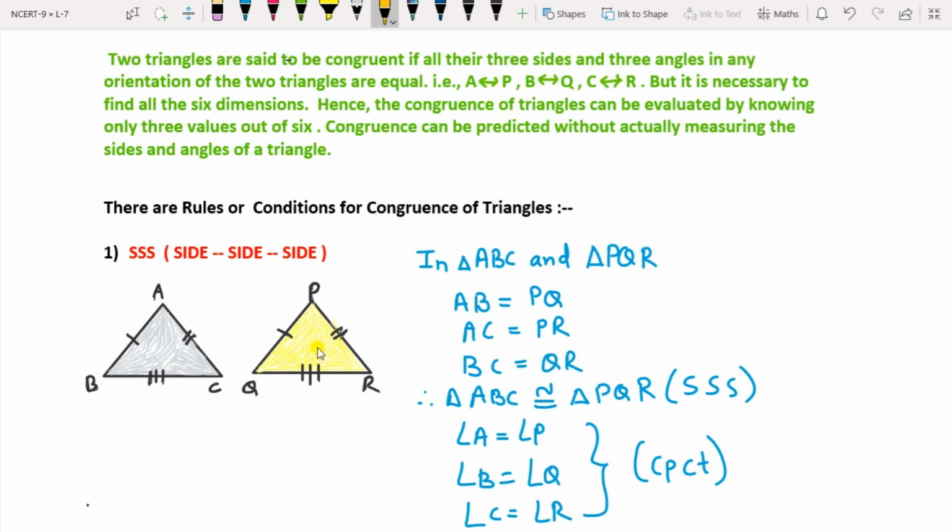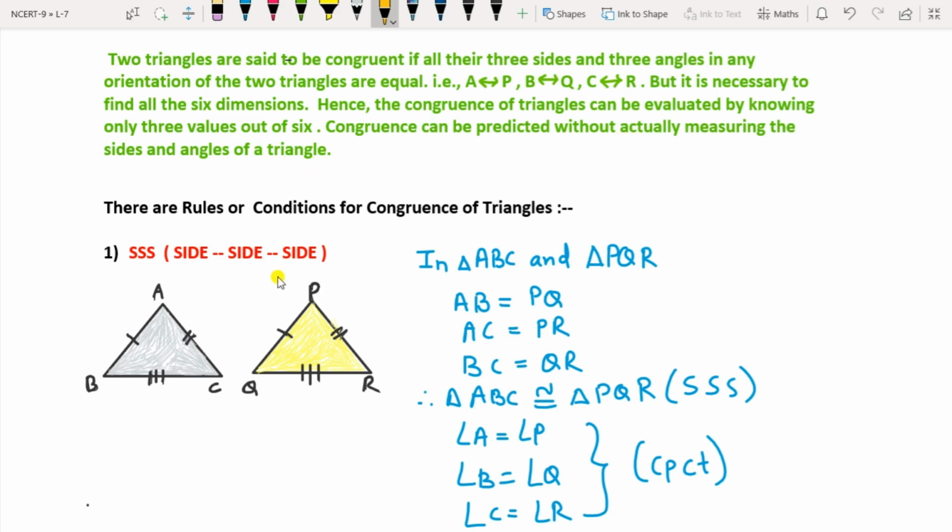If you put this triangle on the other triangle, then it will superimpose on the latter triangle. But it is not necessary to find all the 6 dimensions. Hence, the congruency of triangles can be evaluated by knowing only 3 values out of 6, and congruency can be predicted without actually measuring the sides and the angles of the triangle.